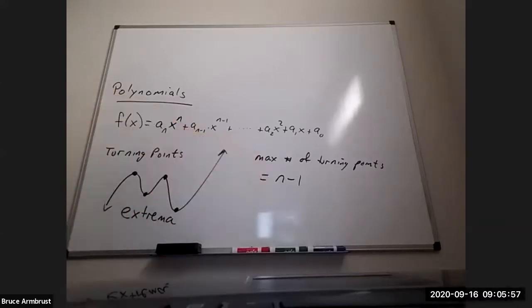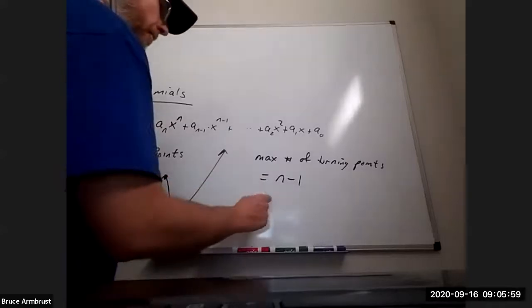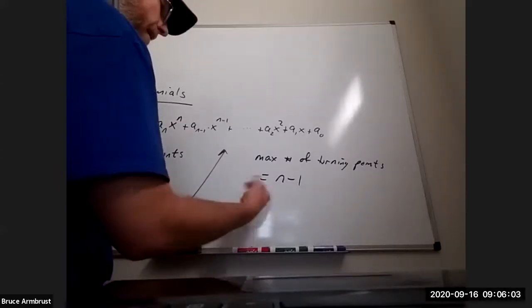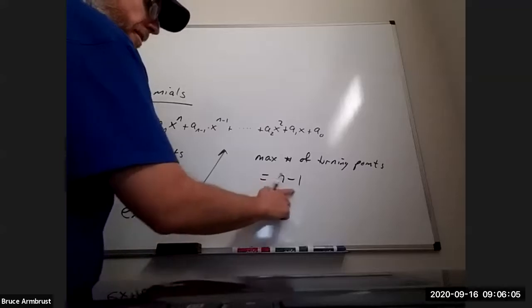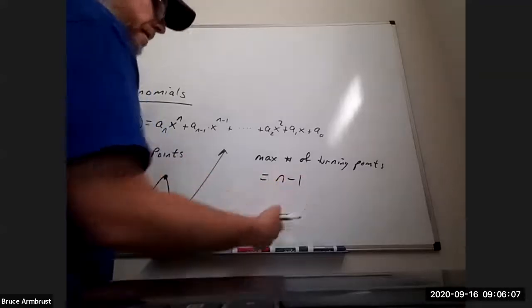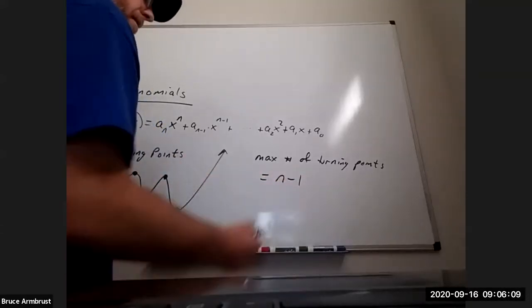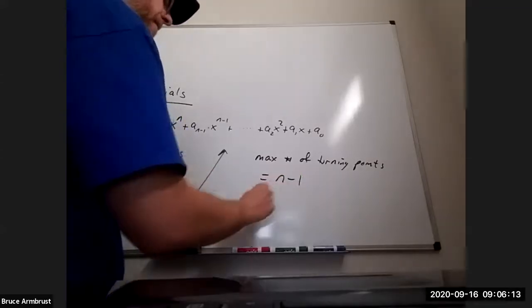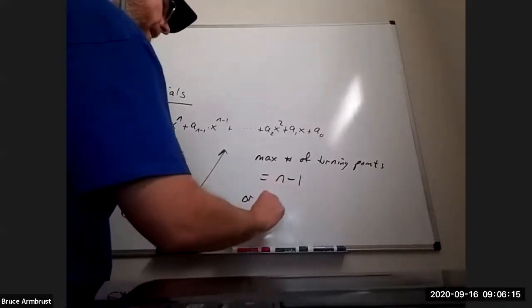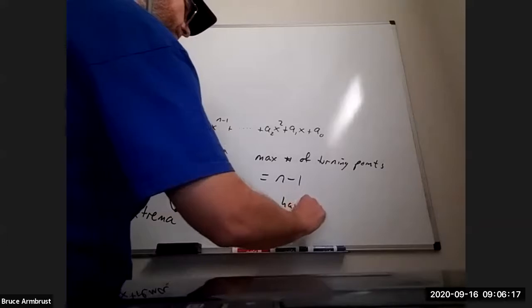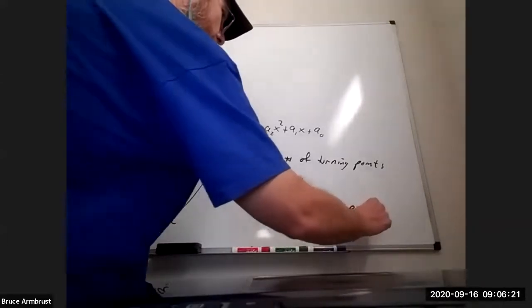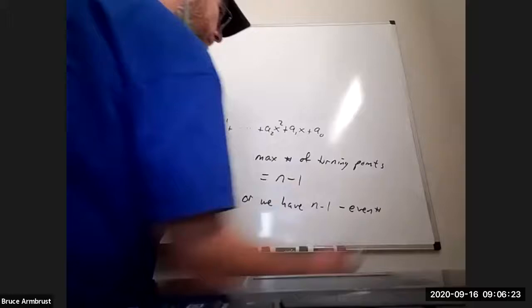So not only do we have a maximum, but the only possible options are this minus an even number. So we can have this many, or we can have n minus 1 minus your favorite even number.